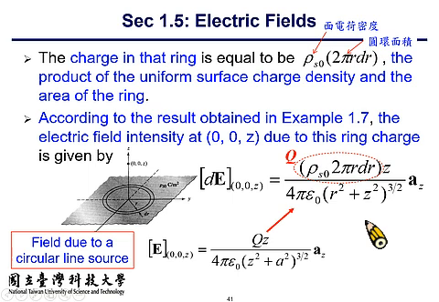So, okay, first is the expression for the charge. The total charge of the circular ring shall be the area of the ring times the charge density on that surface.